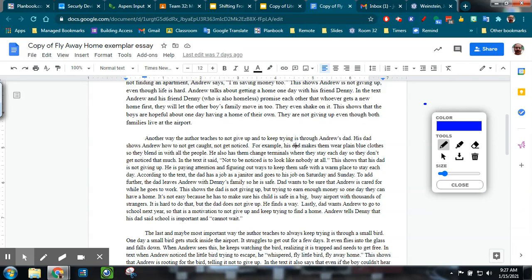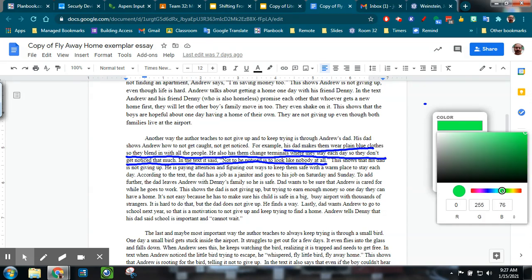Here, his dad makes them wear plain blue clothes so they blend in with all the people. He also has them change terminals where they stay each day so they don't get noticed that much. In the text, it said, "Not to be noticed is to look like nobody at all." This is all evidence: actions and words directly from the text.